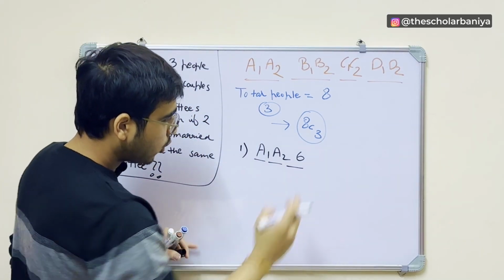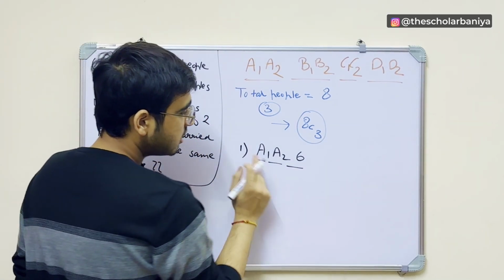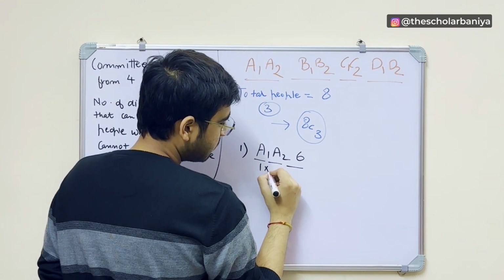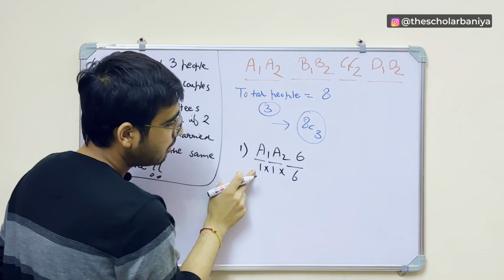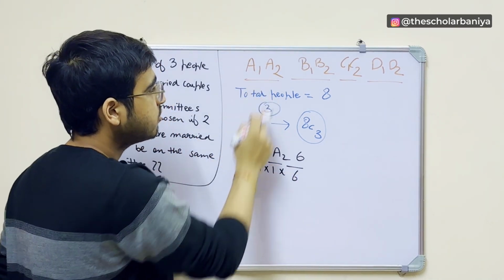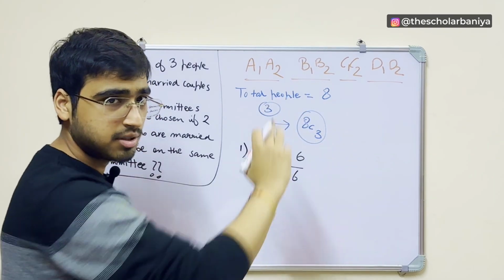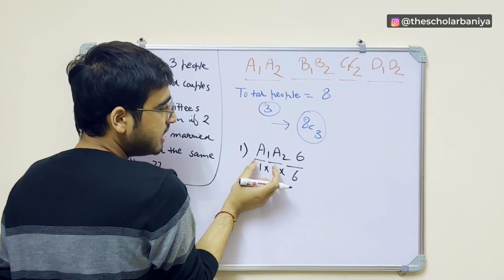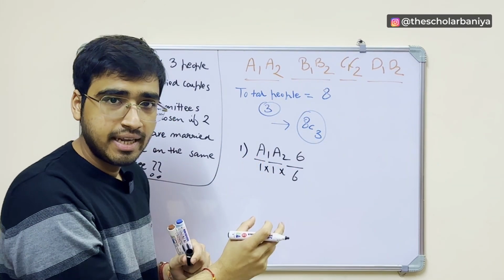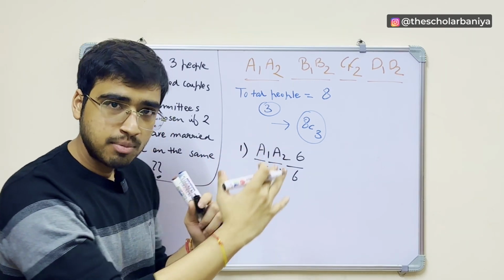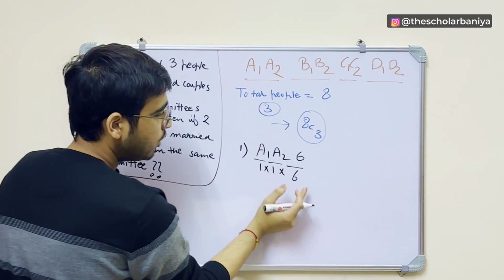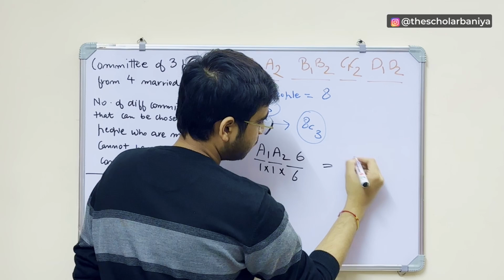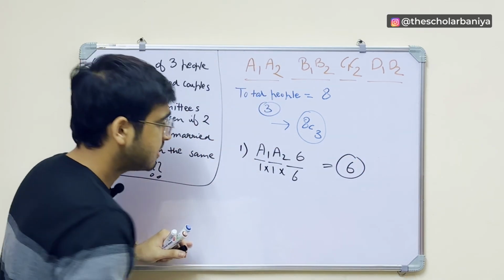So how many total ways are there? Total ways is 1 into 1 into 6. Because A1 is one person, A2 is one person, and so on. So obviously, in this case, we have taken that A1 and A2 are together, so 1 into 1 into 6, which is 6. I hope this makes sense.